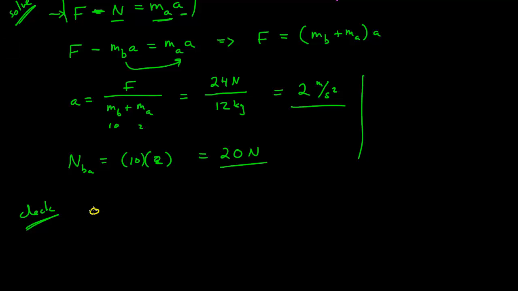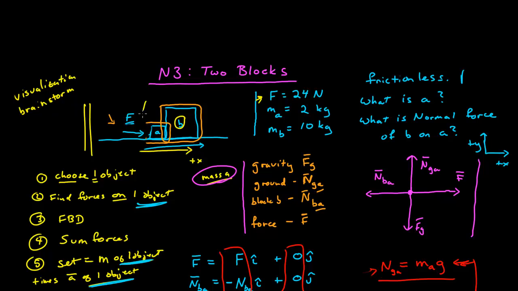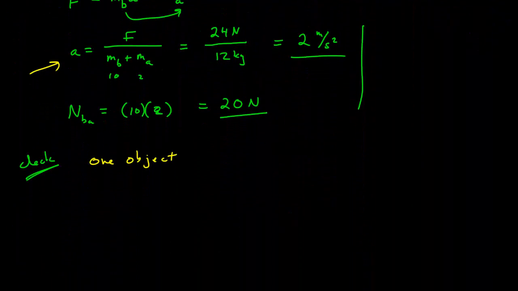First of all, consider the whole thing as one object. Now that is hinted at from this expression right there. Since these objects are in contact with each other, think of this whole thing as one object. If that whole thing is one object, what are the forces in the x dimension?